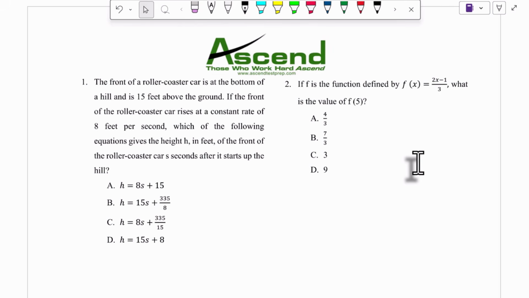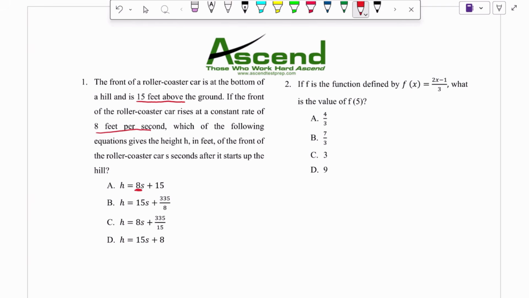If we take a look here at problem number 1, it is a word problem that we need to translate. More than likely, you will get one problem like this on the SAT. It says it occurs 15 feet above the ground. So that means plus 15. Right away, I'm zeroing in on the number 15. In front of the roller coaster, a car rises at a constant rate of 8 feet per second.